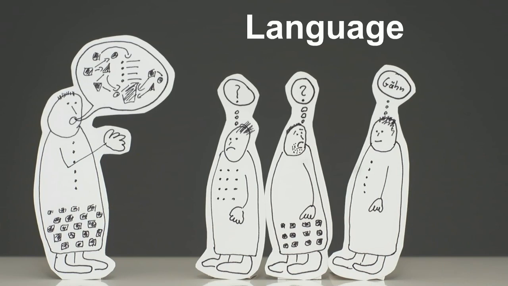Since I'm from Germany, I would say a German IT failure classic is the following situation. We talk in German in our meetings. We write German specifications. We have German bug tickets.